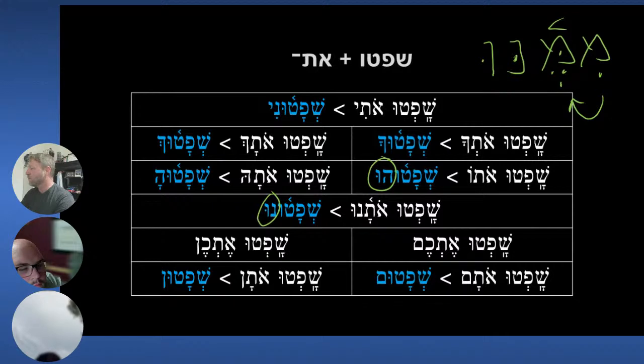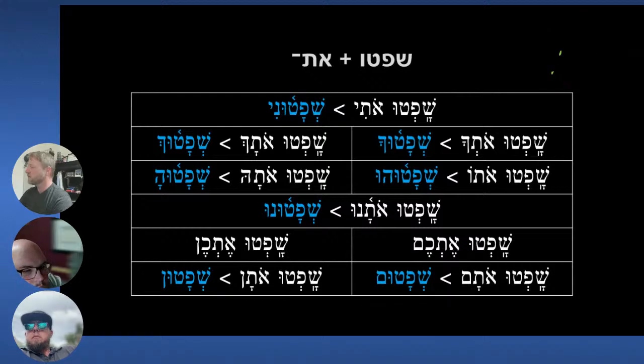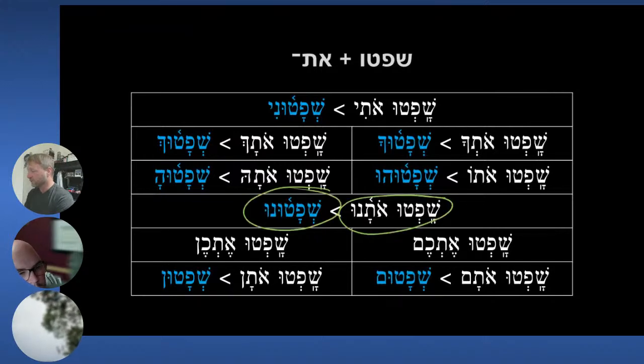So mimenu can mean either from him or from us. It's the same exact form, but one is an assimilated hu and the other is an assimilated nu. So we can see this could be a problem as far as ambiguity is concerned, but it's not normally. So shaftu otanu becomes shvatunu.